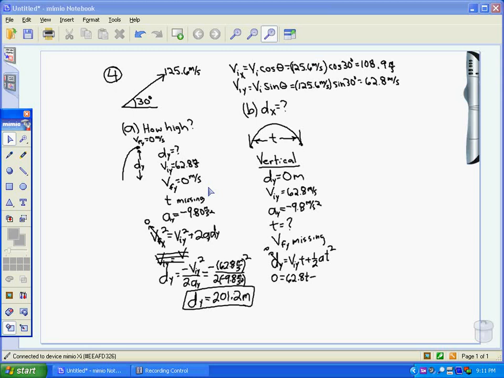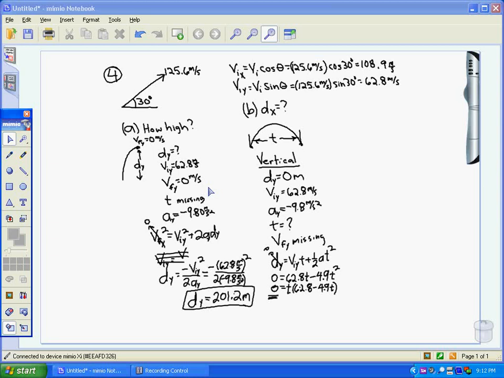So in order to solve this, I factor out a t, and I get 0 equals t times 62.8 minus 4.9t. Now, this whole equation is equal to 0. So to get the right-hand side equal to 0, I could either have t equal to 0. There's two roots to this. Or I can get whatever's inside the parentheses and have that be equal to 0.